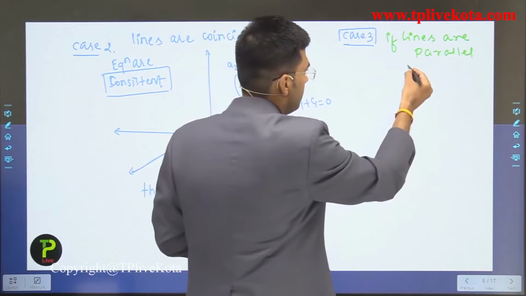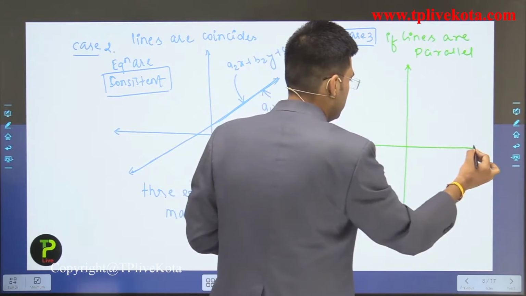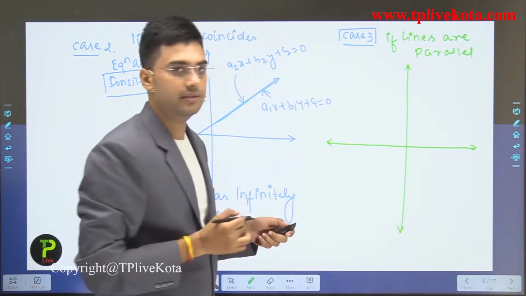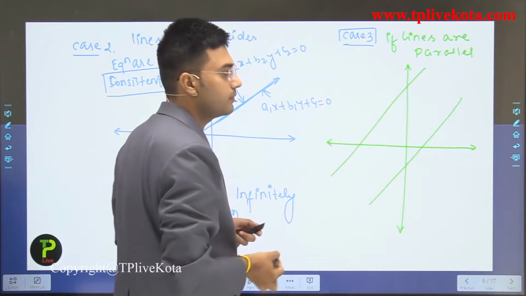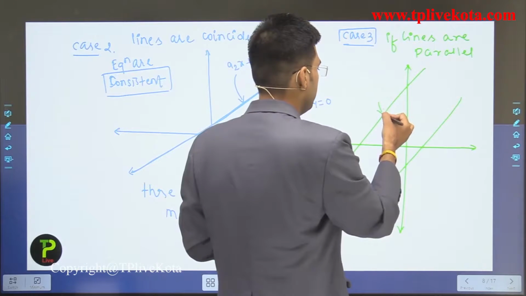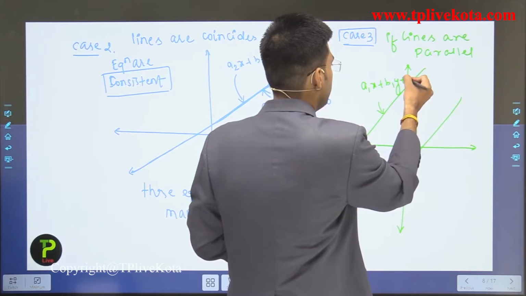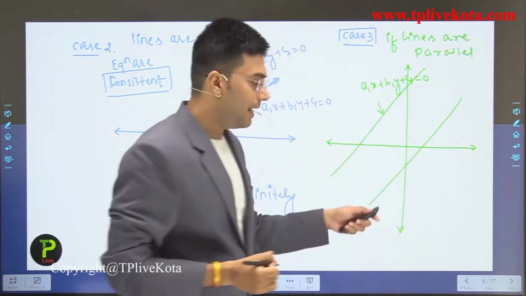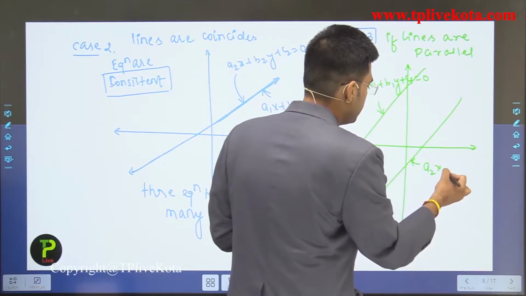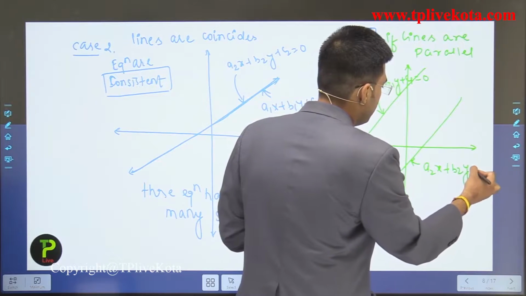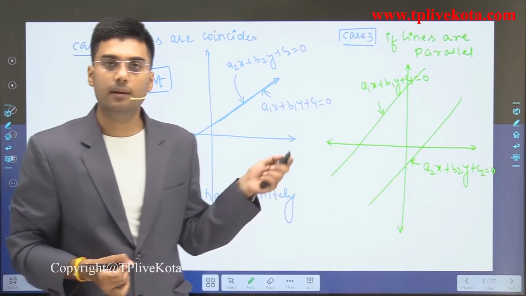This is our two mutually perpendicular lines, x-axis and y-axis. If lines are parallel, then they look like this. This is the equation of a1x plus b1y plus c1 equals 0, and this is the equation of a2x plus b2y plus c2 equals 0, and these two lines are parallel.